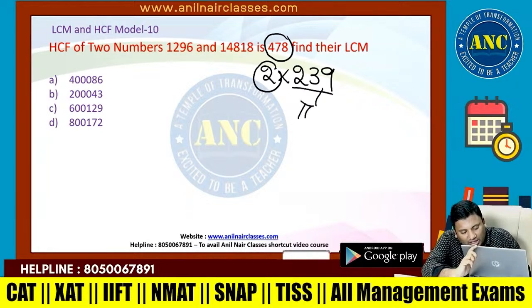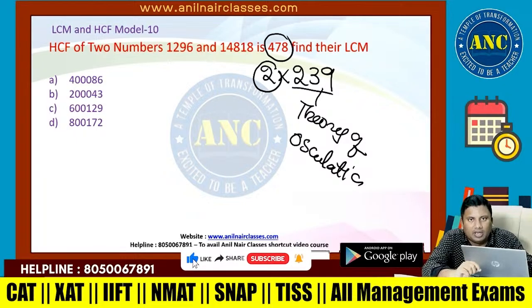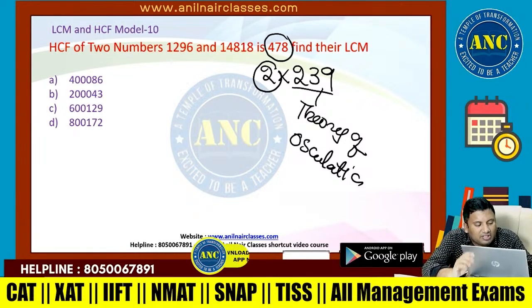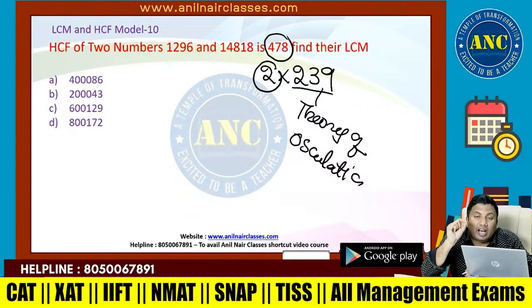You can use the theory of osculation to check whether this number is divisible by 239 or not. If 239 is not a prime number, you can check the divisibility rule of composite numbers. I am repeating for the last time.